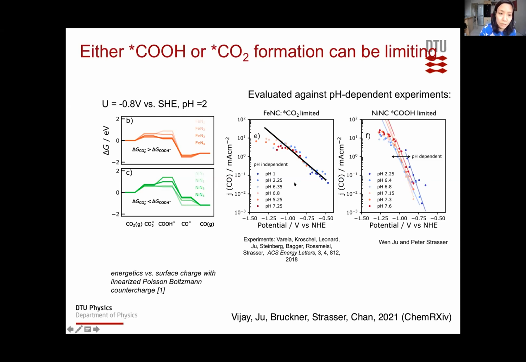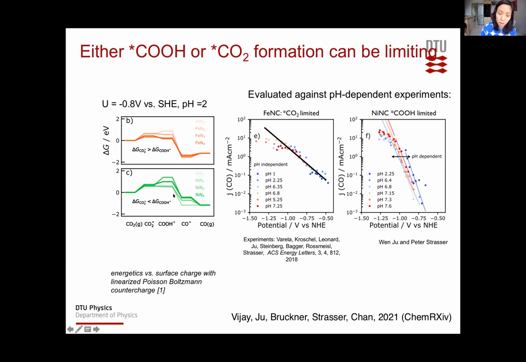This is what is illustrated in these computed free energy diagrams that include the field effect with a corresponding countercharge. What we find on the iron catalyst, where it is suggested experimentally that it's the more coordinated site motifs that are more stable, is that in those cases we would be limited by CO2 adsorption.